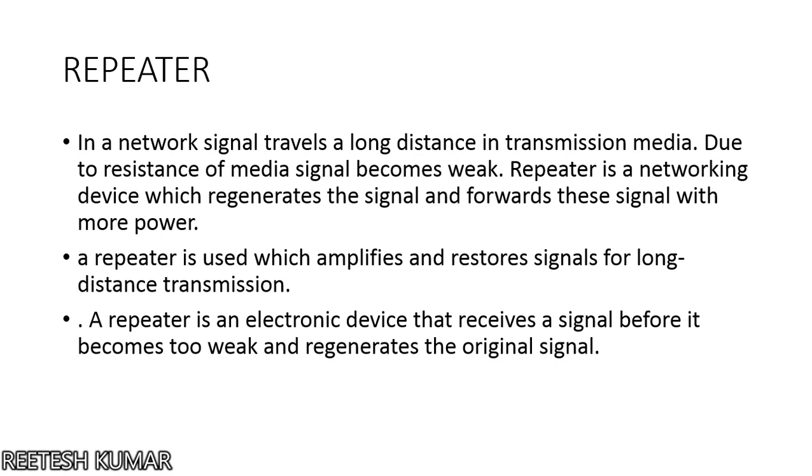Now the next networking device is repeater. As we know, a digital signal cannot carry for a long distance, so it requires a network device that can boost the incoming signal. When the digital signal is sent over a network, it becomes weak as the distance increases. Within 100 meters, the digital signal does not have any problem.